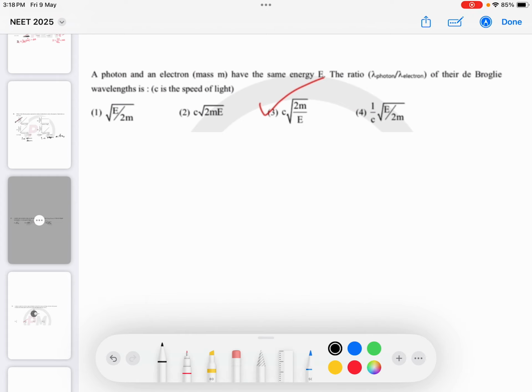According to de Broglie's theory, lambda is equal to h by p. Momentum and energy are related.